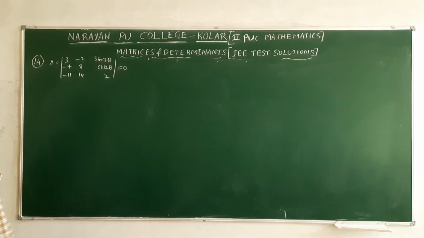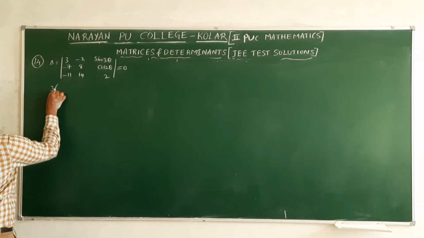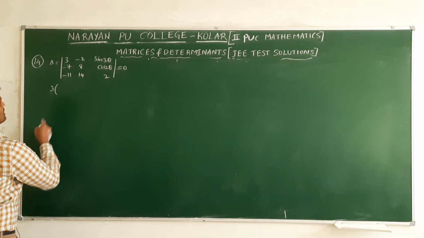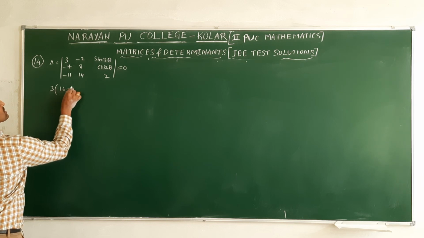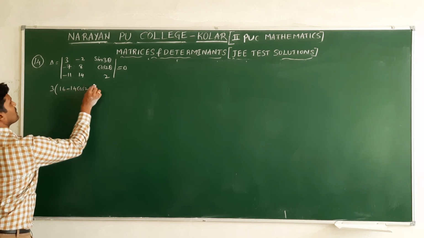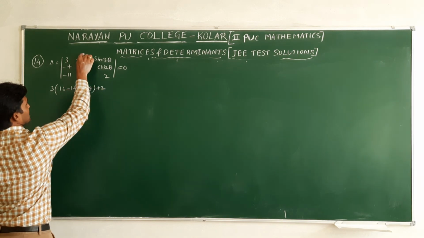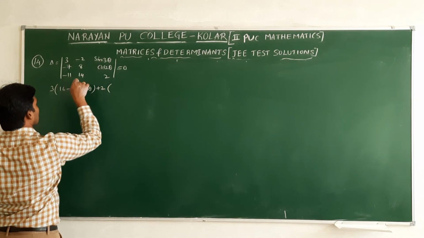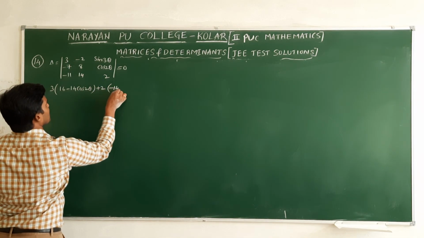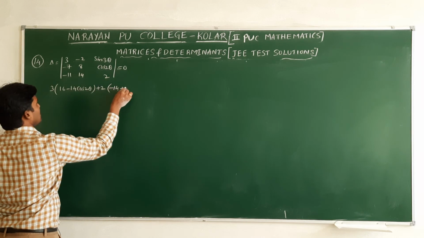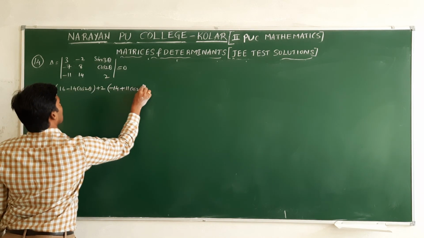Expand along row 1 only. 3 into 16 minus 14 cos 2 theta, plus 2 because here the sign is minus, deleting row and column, minus 7 into 2 minus 14 times cos 2 theta with the minus of minus becoming plus 11 into cos 2 theta.